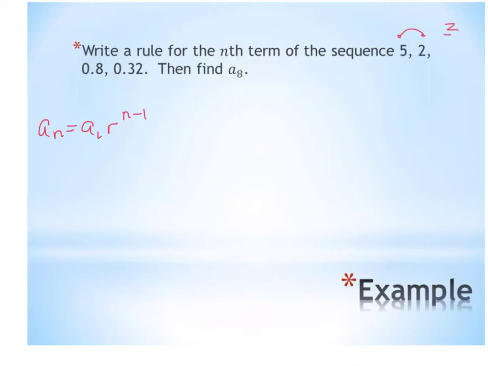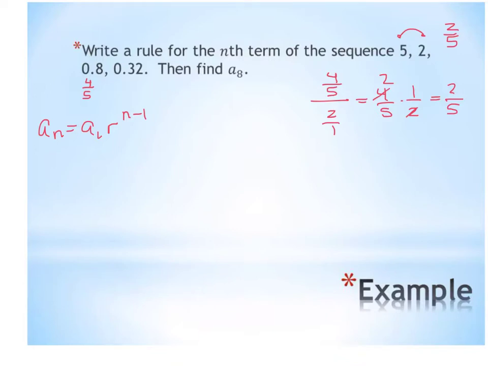So r would be 2/5. And in fact, 0.8 is 4/5. So if I did 4/5 over 2, that would be the previous term. Just to show you how this still works: multiply by the reciprocal, we still get 2/5. And it would work the same way if you took 0.32 over 0.8.